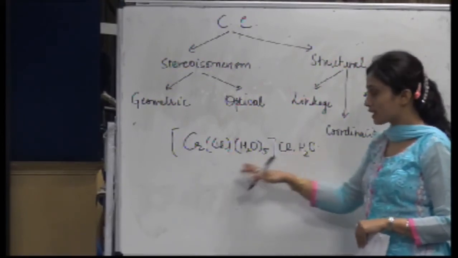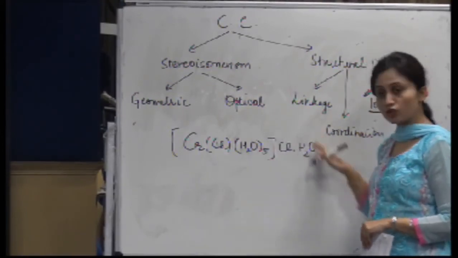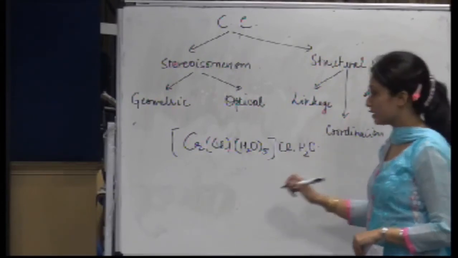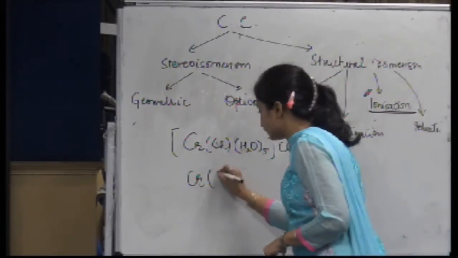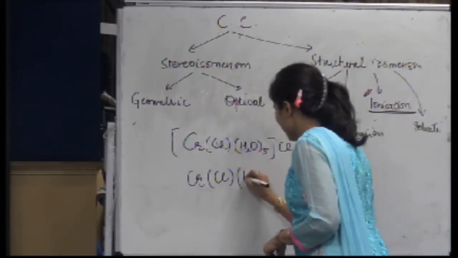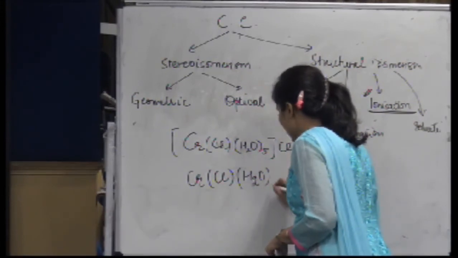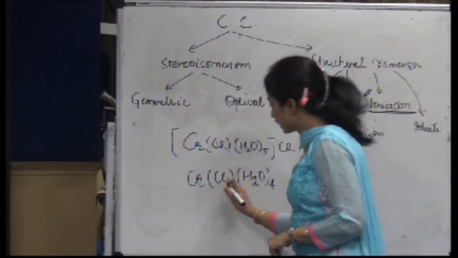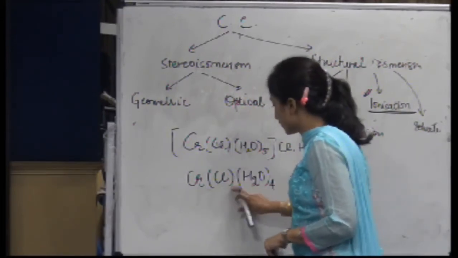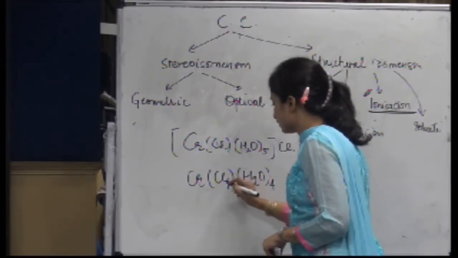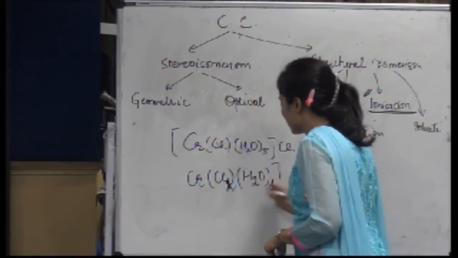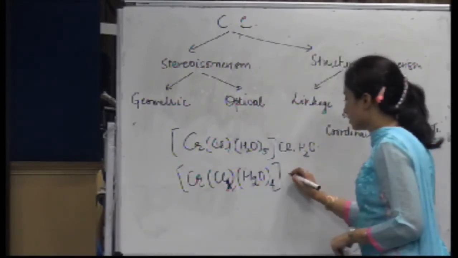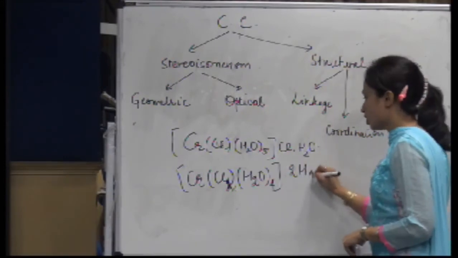I can put one Cl inside and take one H2O outside. That will change it to [Cr(H2O)4Cl2]Cl. You can just put 2 here also, it becomes Cl because it's simple, and this becomes ·2H2O. So what is changing?